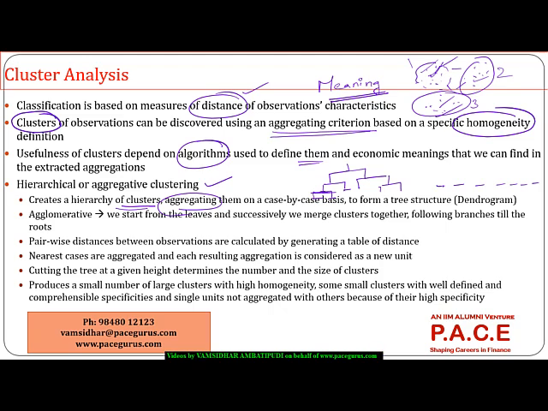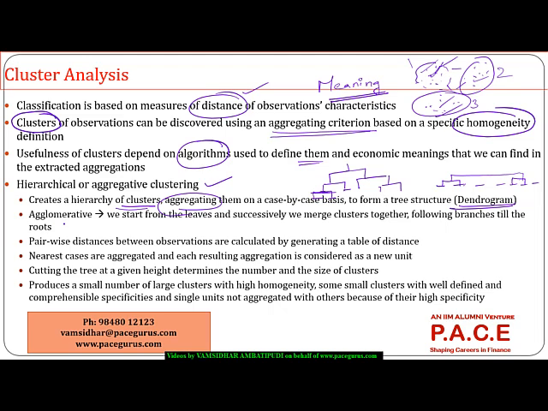Now depending on the distance, if these two are the closest to each other, these two are clubbed to form one aggregation. Again, if these two are together, they are aggregated. Again, next, if this and this are together, they are aggregated. This is how the clusters typically form, and this kind of clustering tree is called a dendrogram.